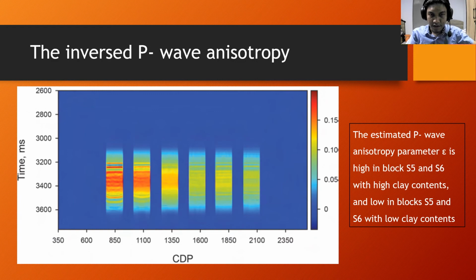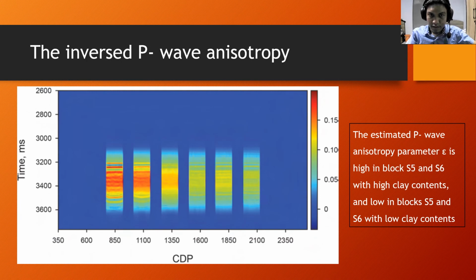For this inverted P-wave anisotropy parameter, we can see that it is high in block S5 and in block S6 also. We know there's high clay content there, and it is low in the blocks with low clay content. So through this result, we can see that it agrees highly with the measured P-wave anisotropy from before.